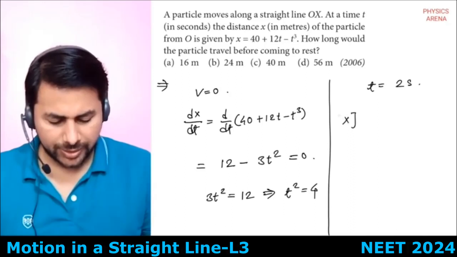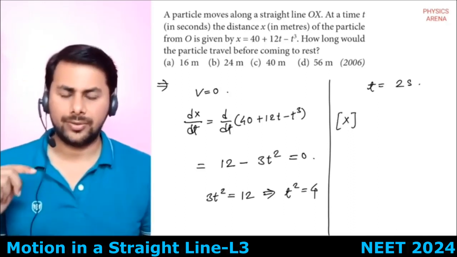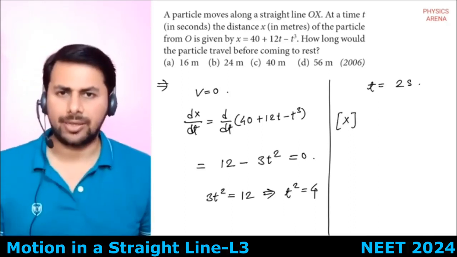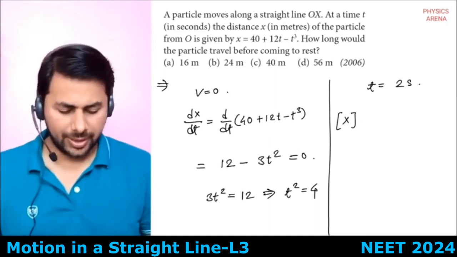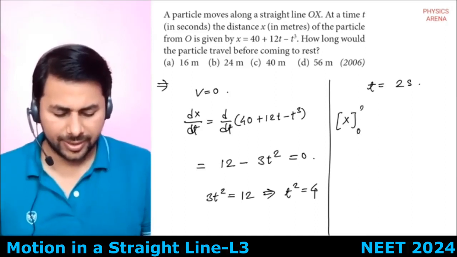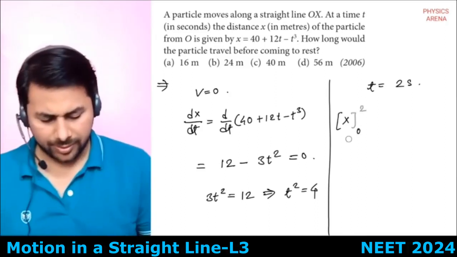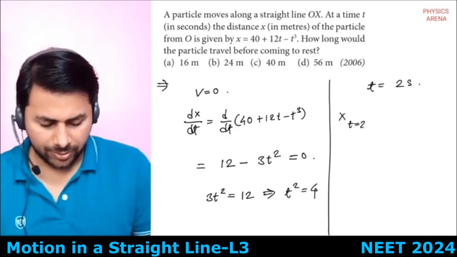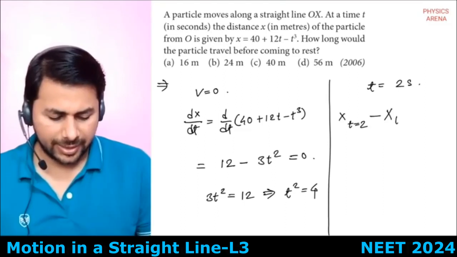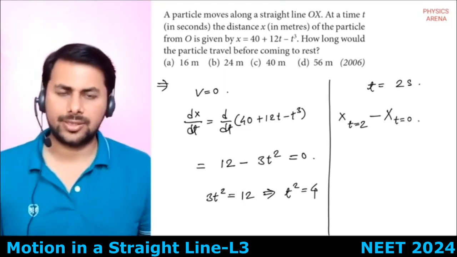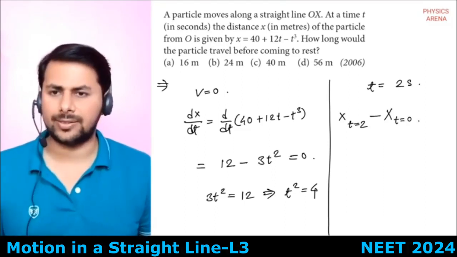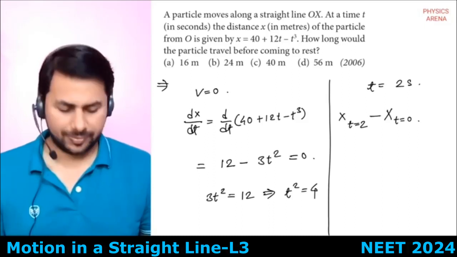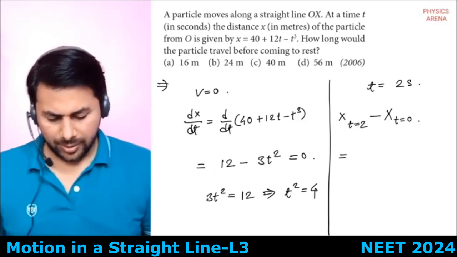Actually what you should do is find the distance it travels in 2 seconds. So you should take this thing. What does this mean? x at t equals 2 minus x at t equals 0 is the distance it travels in 2 seconds, right? Yes, sir.